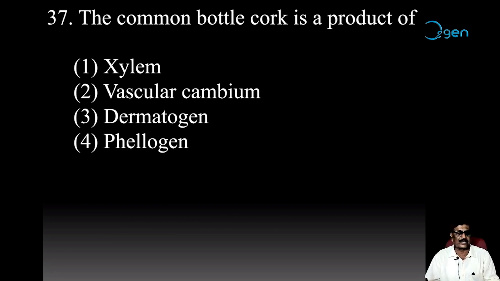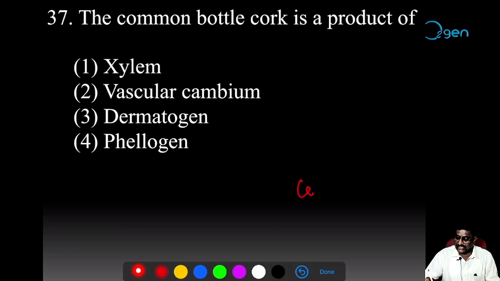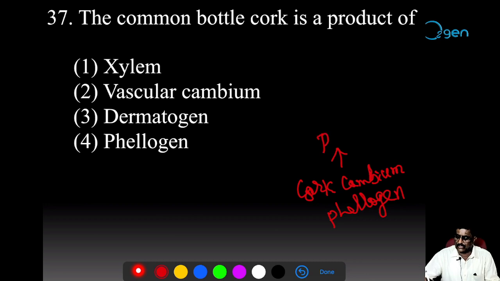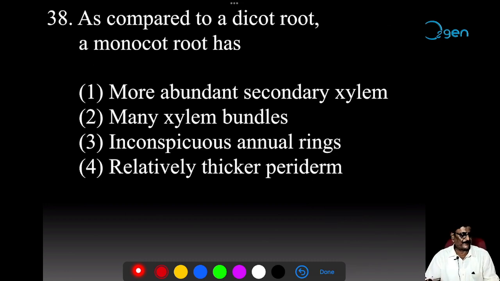So bottle cork is obtained from the phellem. The cork cambium is also called phellogen. This phellogen produces phellem or cork towards the outer side and phelloderm towards the inner side. Phelloderm is the secondary cortex. Hence the fourth option, phellem, is correct.